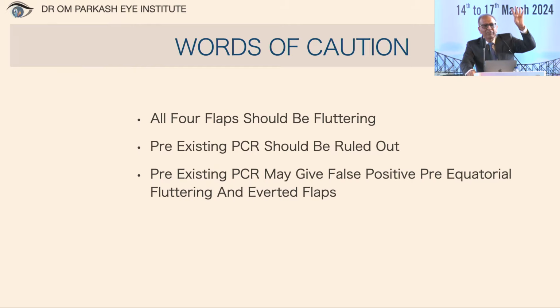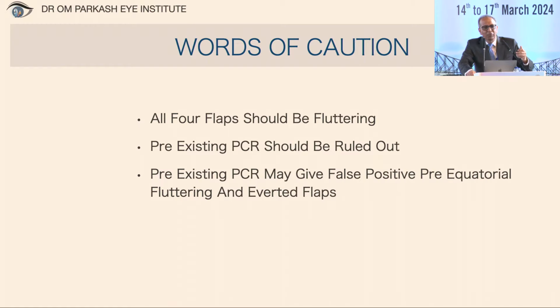All 4 flaps should be fluttering. If there is not, you should definitely rule out a pre-existing PCR. I received a call from John Hart, who is in the American Society of Cataract and Refractive Surgery, the chief judge in the film festival. He said, Rohit, there was a pre-existing PCR because the patient was on anti-VEGF.